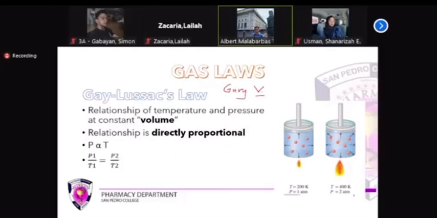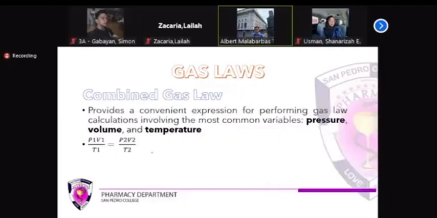It is said that if the temperature is increased, the pressure exerted by the gas in its container also increases. So directly proportional. Formula: P1 over T1 is equal to P2 over T2. Okay? So bote, capre, Gary V. Those are the first three gas laws.